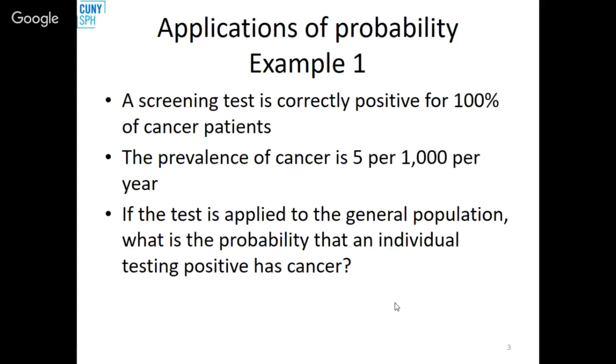So what do you know about its performance on those who do not have cancer? Actually, we don't know anything about its performance on those who don't have cancer. I haven't included a key piece of information on this slide. So actually, the trick is that this is unanswerable here.